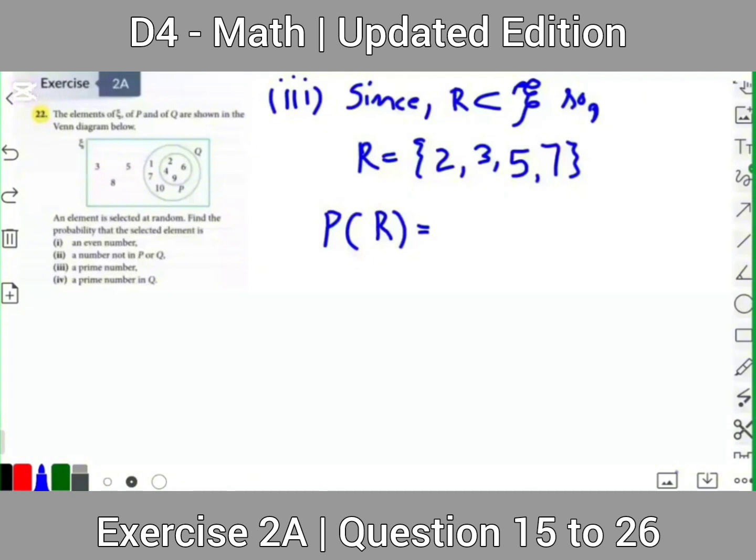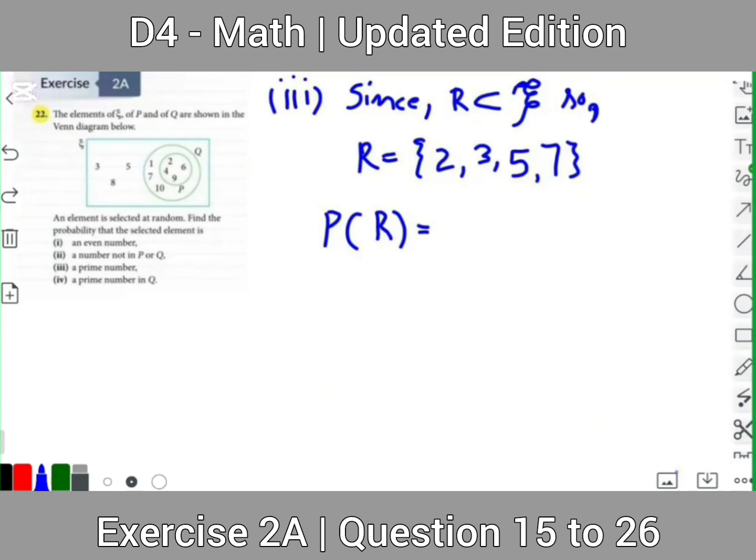Let R be an event that an element is a prime number. So for this, take a proper subset of set eta, and the set R is equal to 2, 3, 5, and 7.